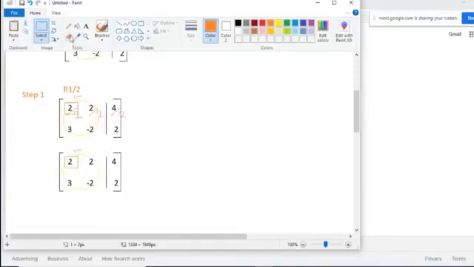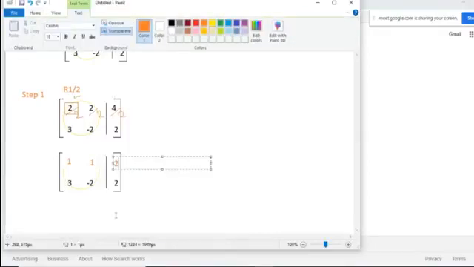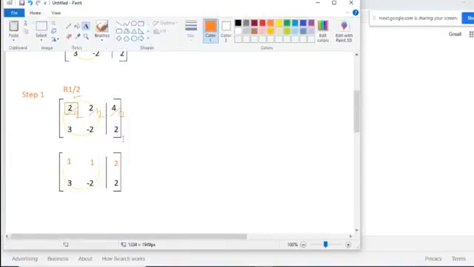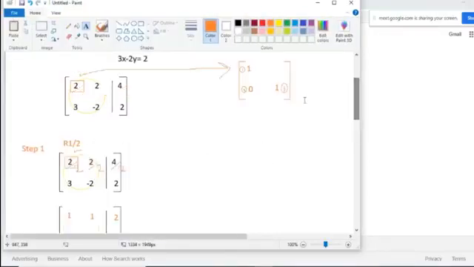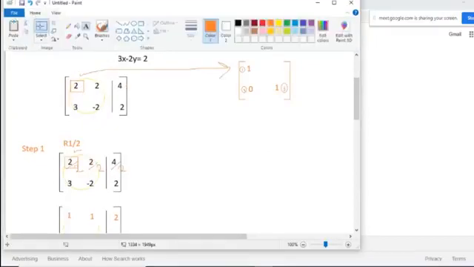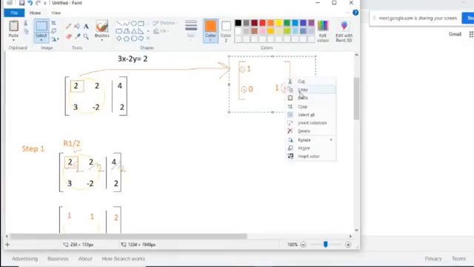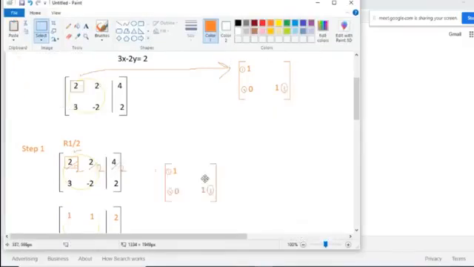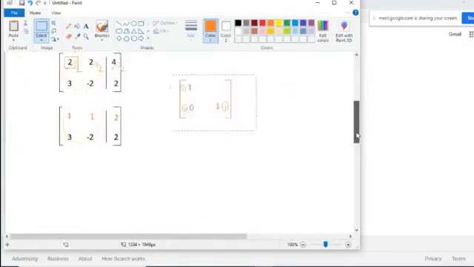When you divide each one by 2, the first line becomes 1, 1, and 4 divided by 2 gives me 2. The first step now becomes the same as my map. Very good, step 1 is finished.